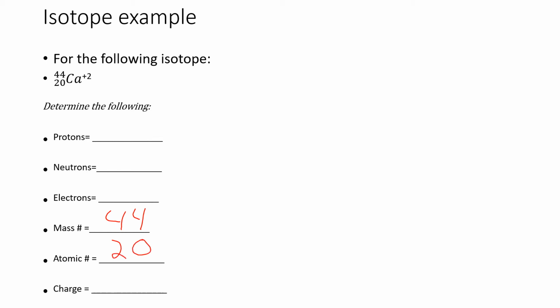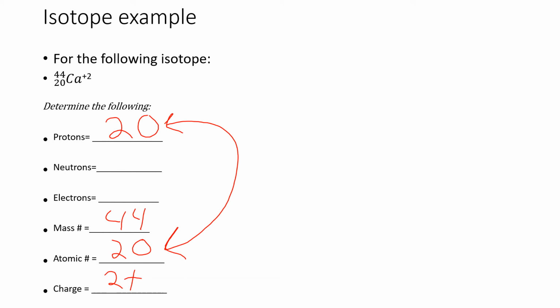Our charge, +2 or 2+, that's in the upper right-hand corner. So we took care of that right away. Now we can get at our protons, neutrons, and electrons. Well, how are we going to get our number of protons? Well, our number of protons is going to be 20. Remember how we determined that. Your number of protons has to match what your atomic number is. Always, always, always. That's the definition.